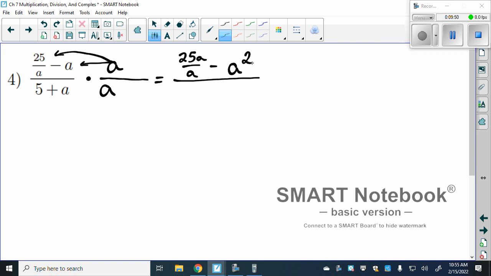We do it with the denominator. A times 5 is 5A plus A times A is A squared.